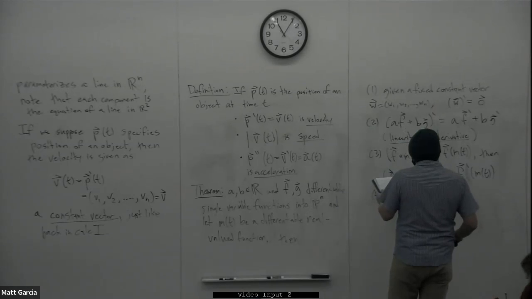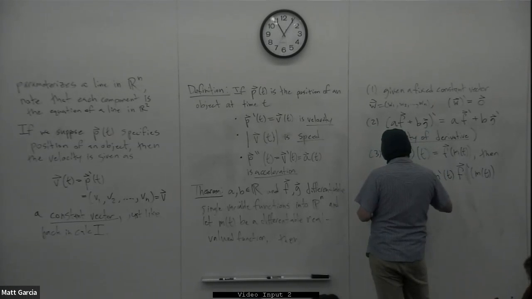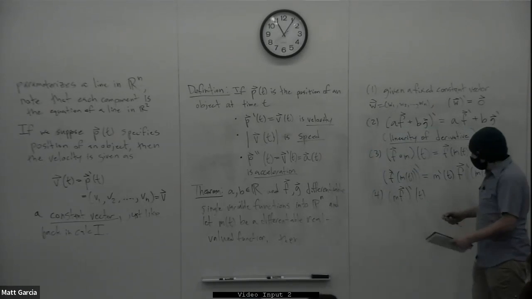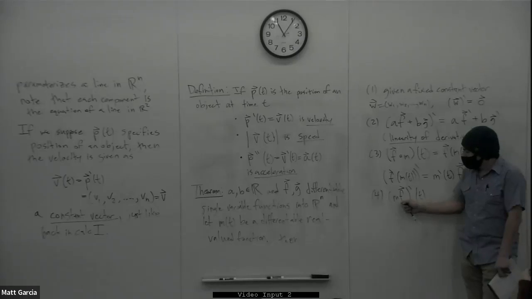Now, here's another way that we can use the function m. Remember that m is a scalar valued function, so I can also scale f hat by the function m.